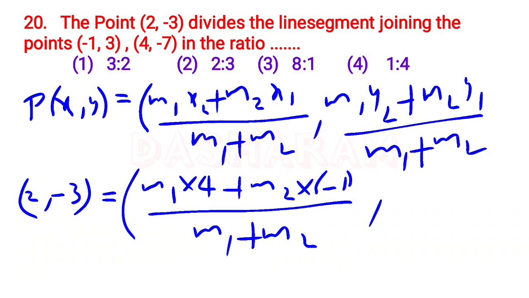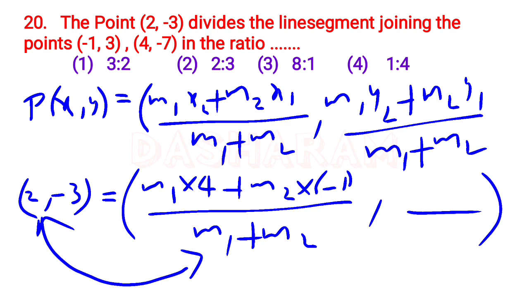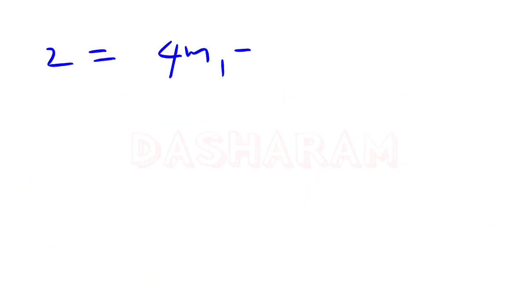To find the ratio, only one coordinate is enough, no need of the y coordinate. So now equate the x coordinates. 2 equals to 4m1 plus m2 into minus 1, which is minus m2, divided by m1 plus m2.